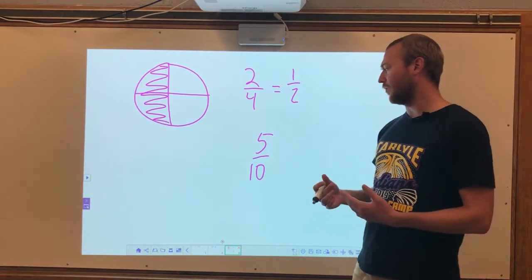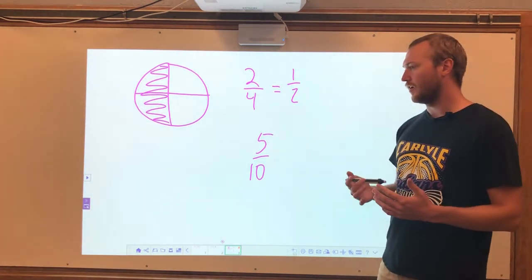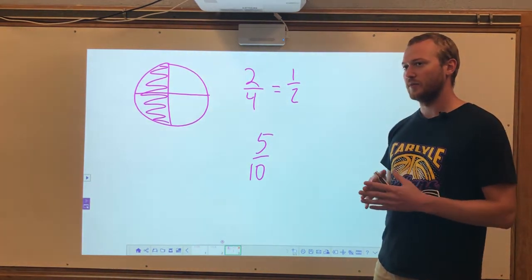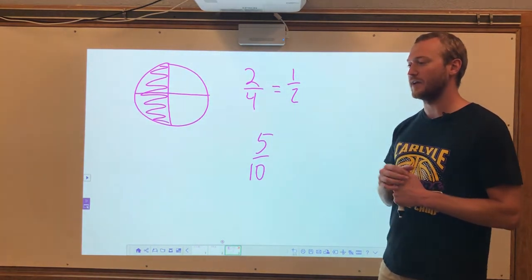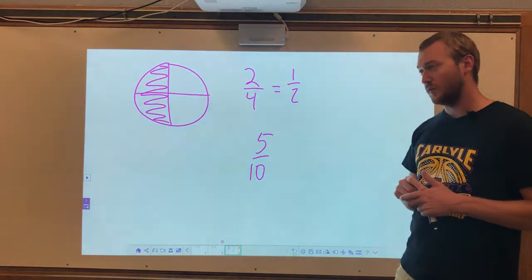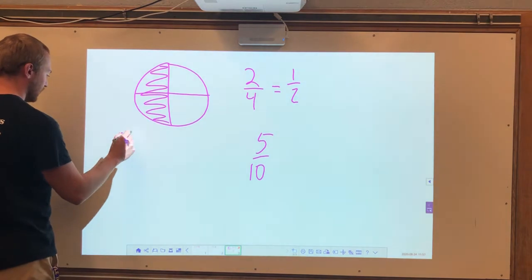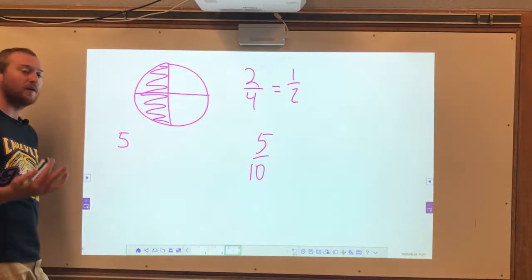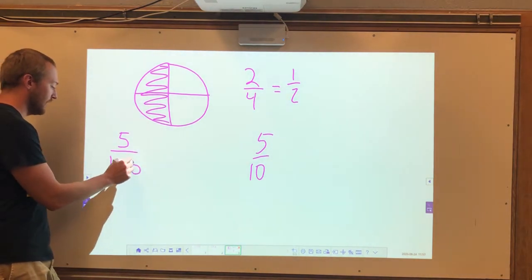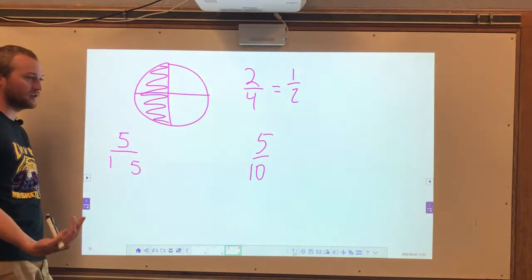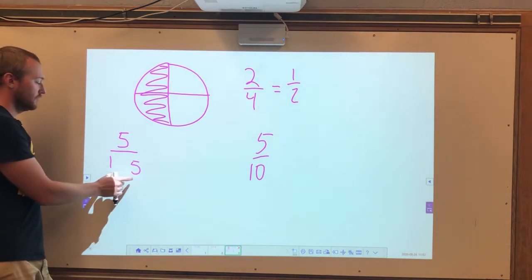So what I'm going to do to simplify this is ask myself, are there any factors of 5 and 10 they have in common? Basically what I'm asking is, factors of 5: what times what can give you 5? Well, there's 1 times 5, and there's nothing else. 5's prime. So there's 1 and 5.